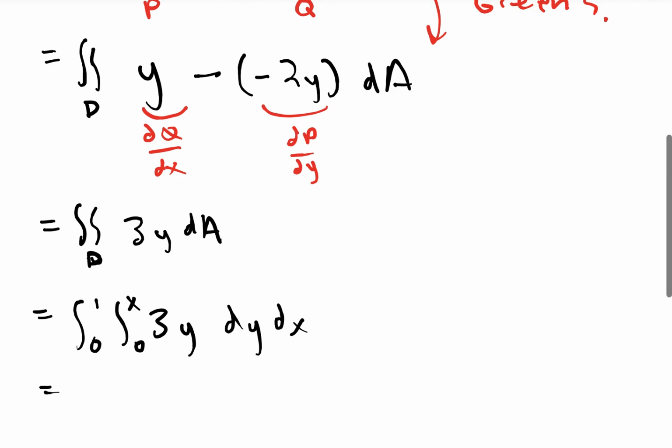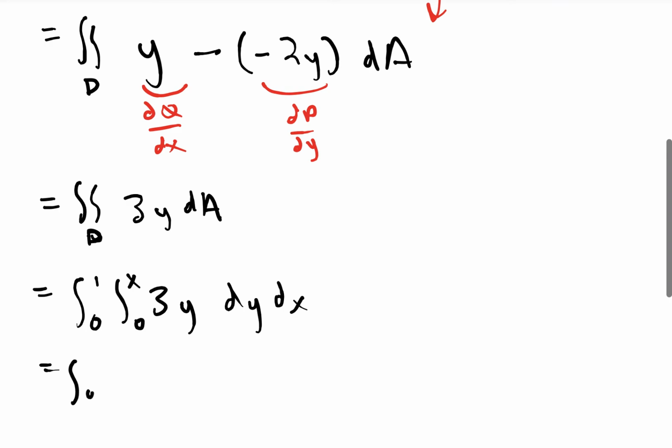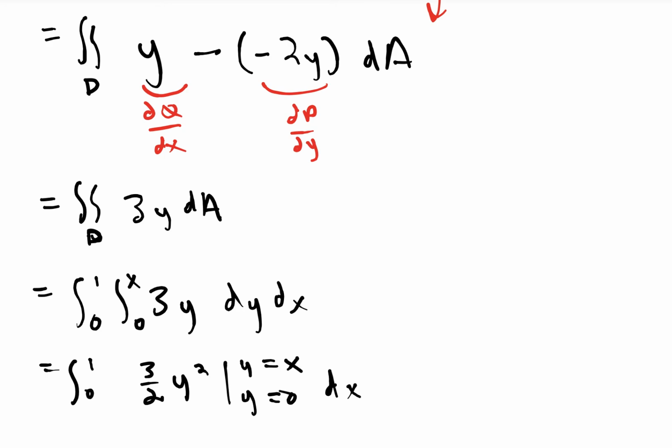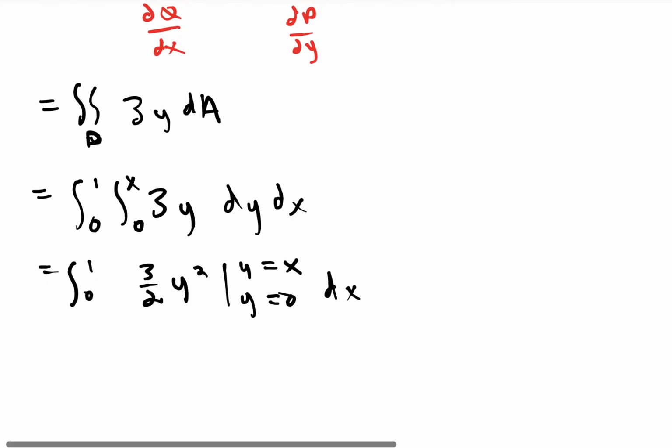If I go ahead and actually crank through that, you antiderive with respect to y first. I'll get 3/2 y squared, evaluated between y is 0 and y is x. Then I actually substitute in those bounds, so I'll get 3/2 x squared minus 0.